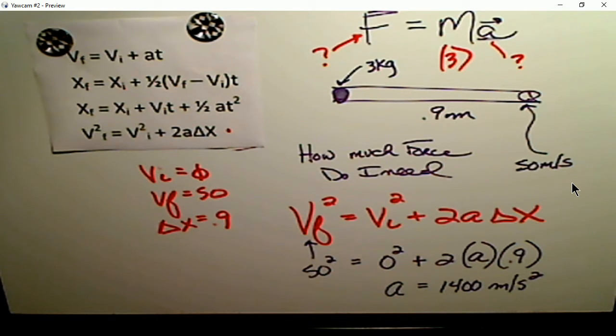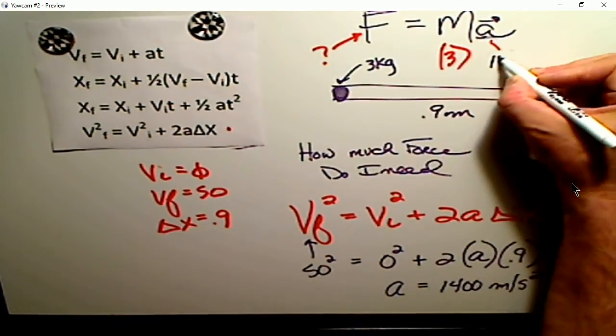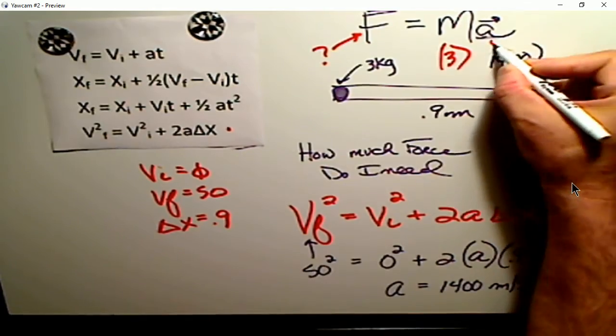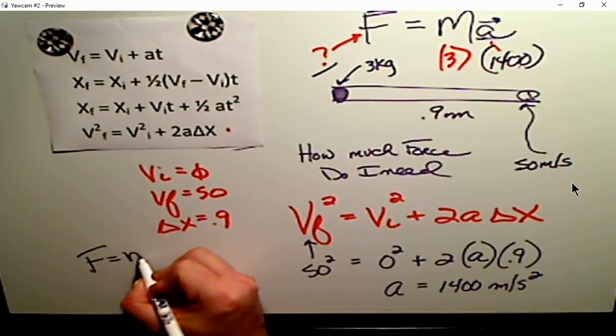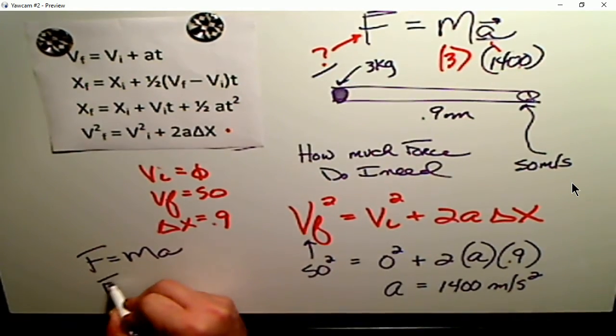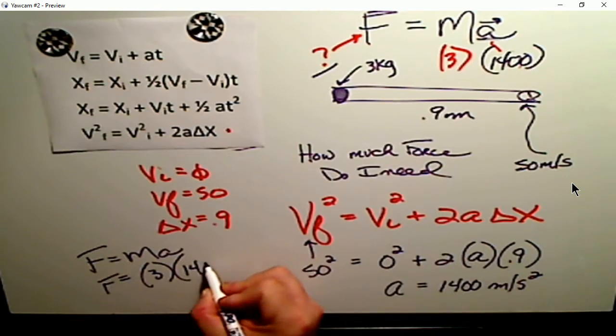So now we have that second variable for this equation, right? 1400. And hence we can solve F equals ma, F equals 3 times 1400.